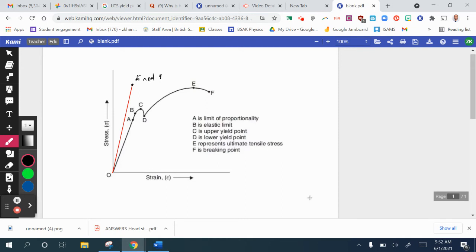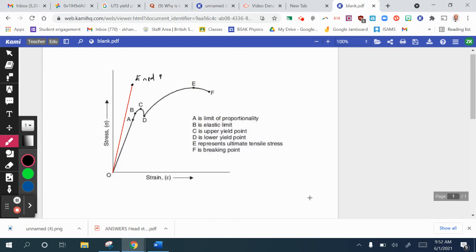What you're trying to look for, for your syllabus, is a flatter region after the steep region, and the yield point is the beginning of the flatter region.